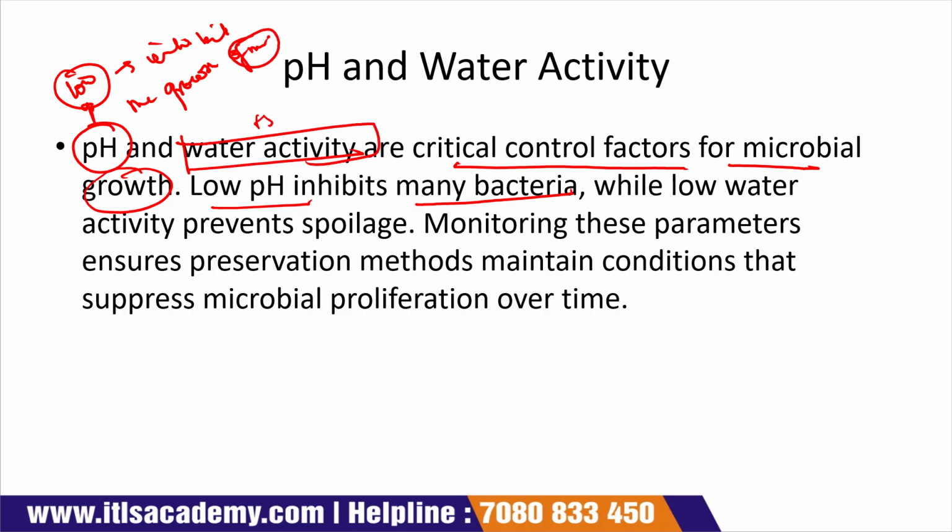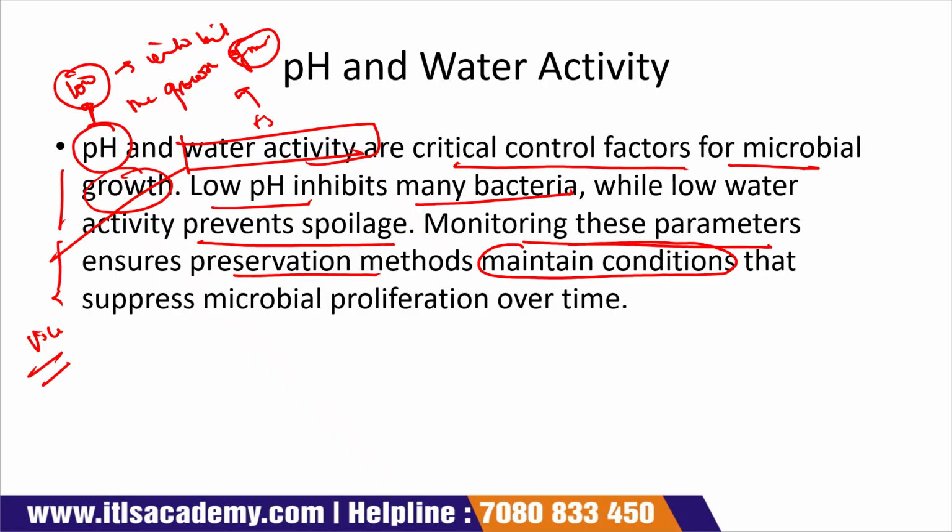If it is low, then it inhibits growth, and vice versa. So these are the critical parameters for measurement of microbial growth. Low pH inhibits bacterial growth while low water activity prevents spoilage. Monitoring these parameters ensures that the preservation method maintains conditions which suppress microbial proliferation over time.